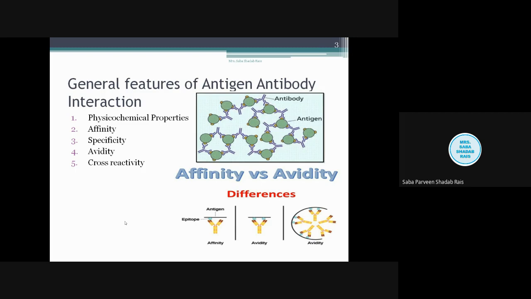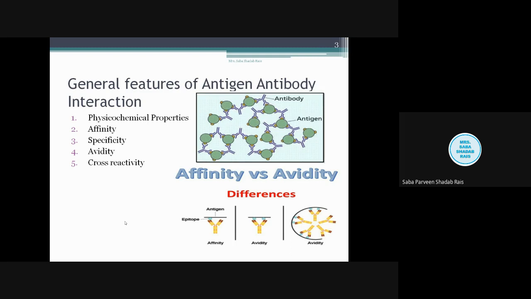The affinity of a cross reacting antibody is usually less, meaning the affinity that the true virus against which this antibody was formed has, this particular strain may not show.